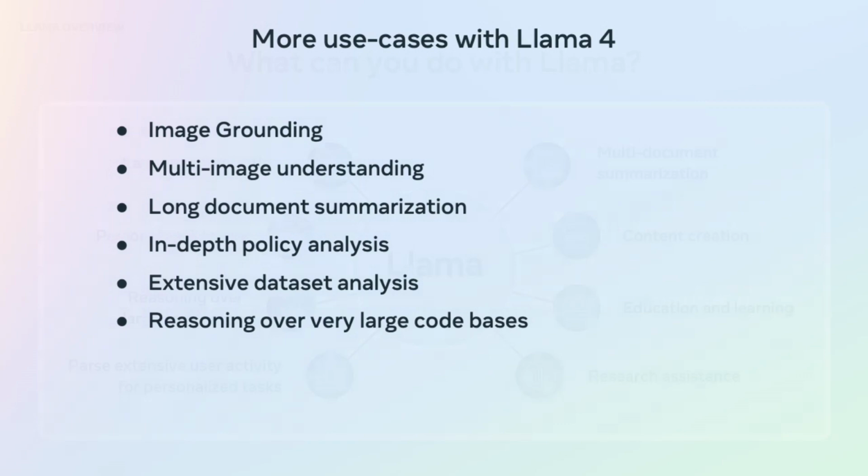Llama 4's pioneering long context size and natively multimodal design helps with use cases such as image grounding. Image grounding is connecting or grounding text descriptions to specific visual elements or regions of an image. You may be familiar with bounding boxes.